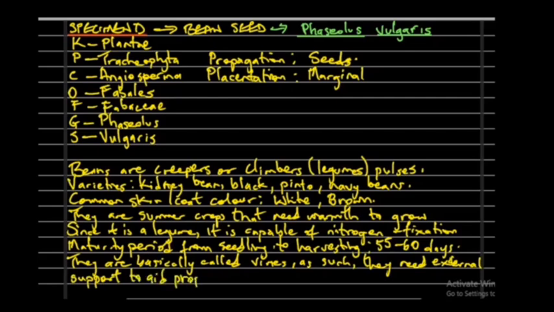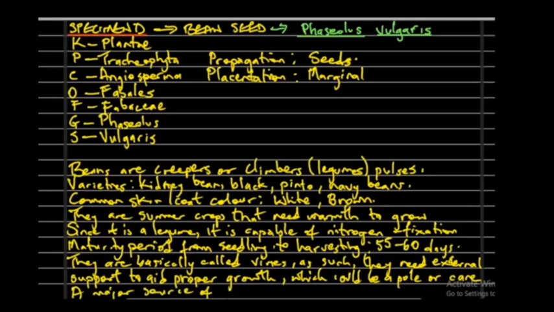The support could come in form of a pole. You could use a pole or a cane to suspend the vine of the plant. This particular organism is very rich in protein, so it is a major source of protein.